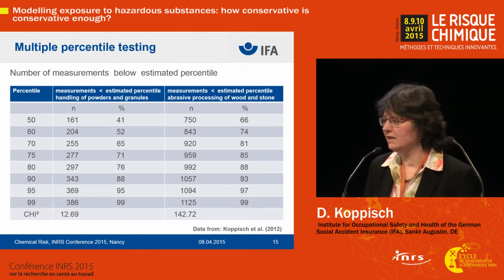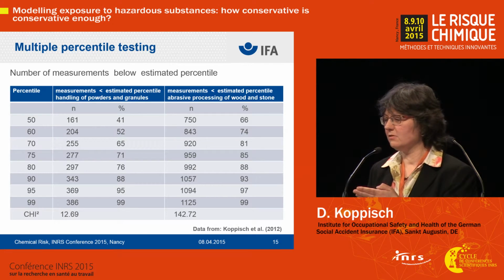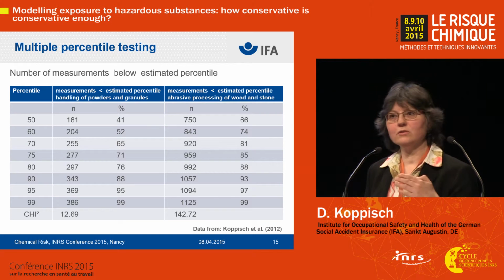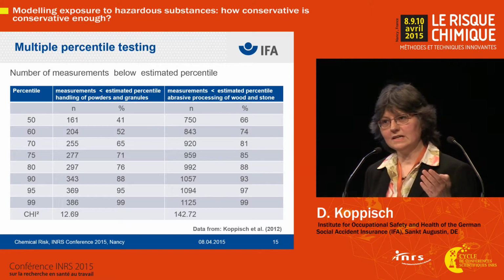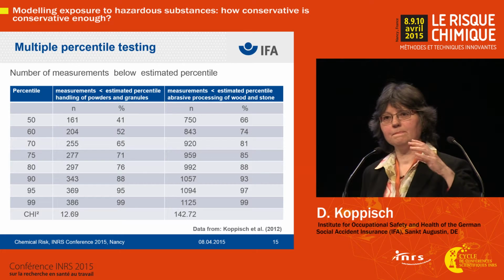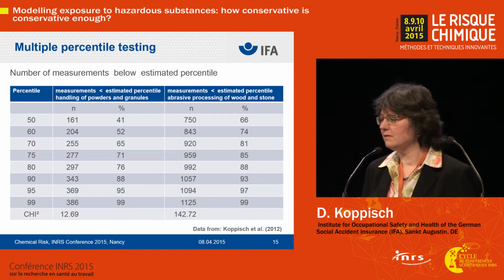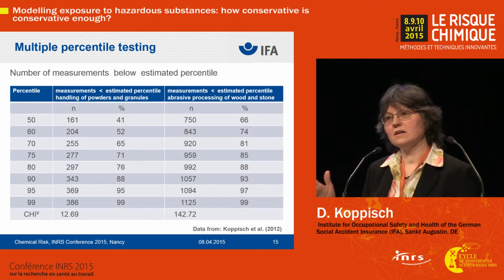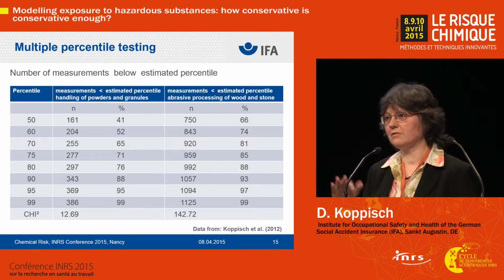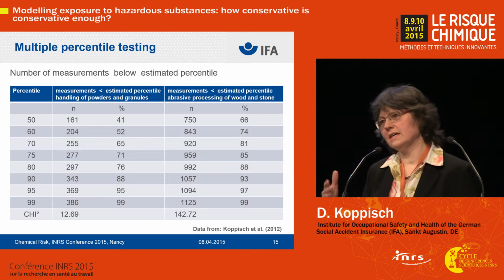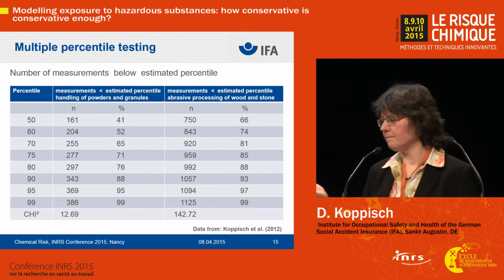You see that for the handling of powders and granules, up to the 95th percentile or up to the 90th percentile, the values are lower than the value for the percentile. So the model has a moderate underestimation. And for the abrasive processing of wood and stone, the numbers are higher than we would expect from the percentile. So in this case, we have an overestimation of the model.